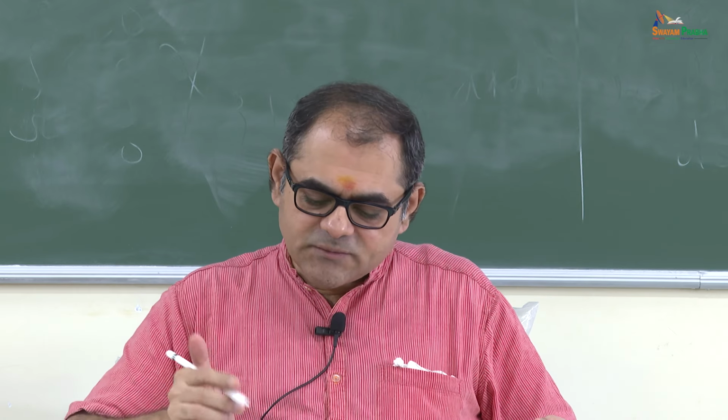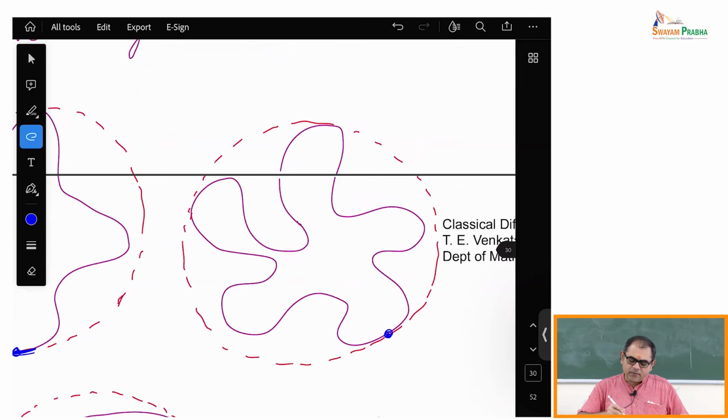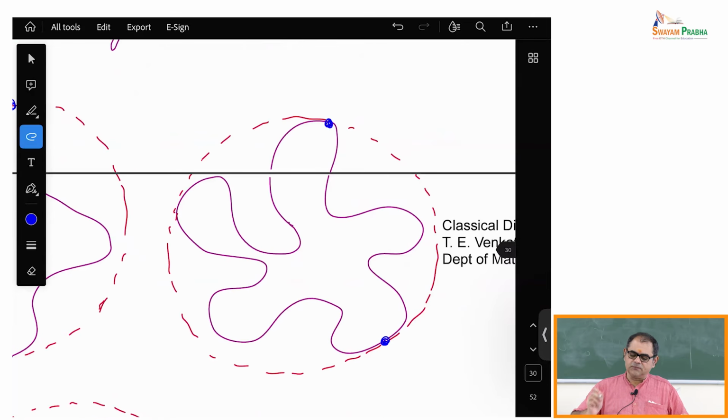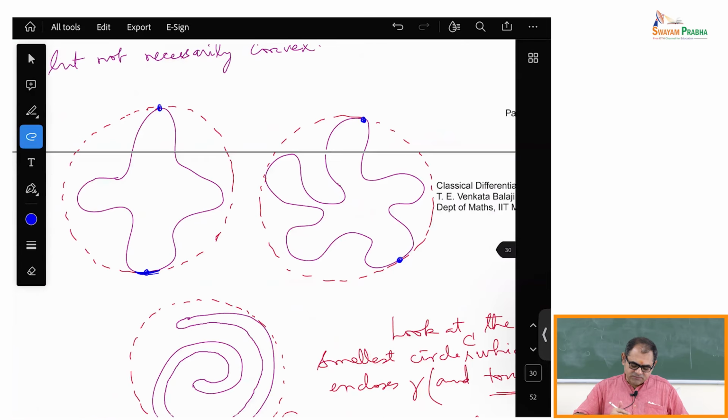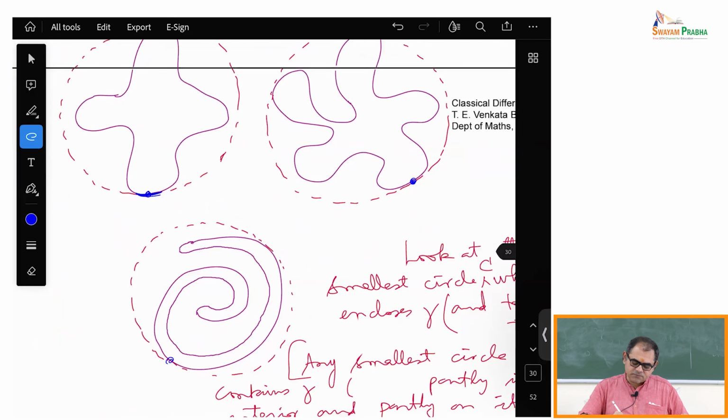So for example, in this picture I will be interested in this point and this point here, and in this picture I will be interested in this point and this point. You are looking at these points where you have the intersection of the curve with the circle.